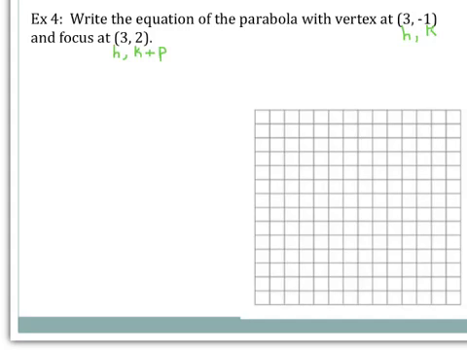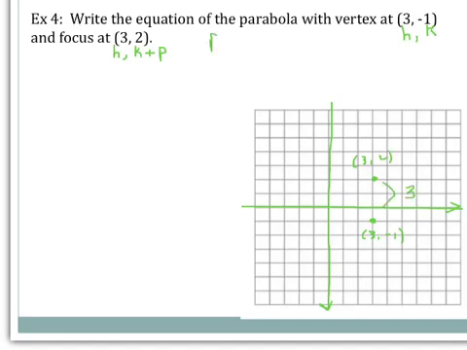So I'm going to put my vertex at, and this is really just a sketch, 3, -1, and my focus is going to be at 3, 2. Okay, well, let's put an axis on here. There we go. And look at the graph. How far up did you go? You went up 3 points.